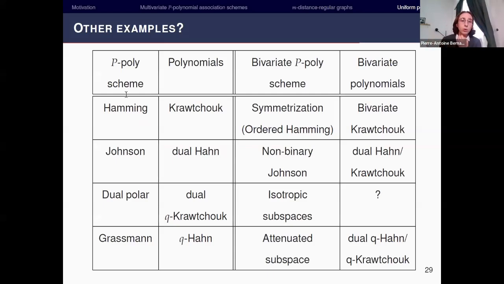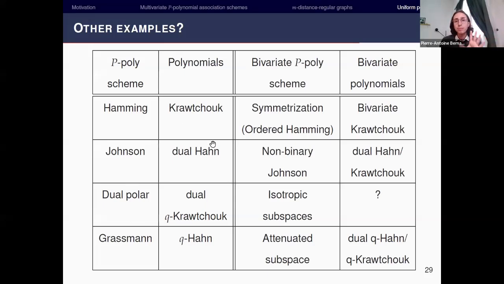In the most well-known P and actually also Q-polynomial schemes, we have the Hamming, Johnson, dual polar, and the Grassmann schemes associated to some polynomials in the Askey scheme of orthogonal polynomials. So the Hamming are associated to the Krawtchouk polynomials, the Johnson scheme to the dual Hahn, dual polar to the dual q-Krawtchouk, and the Grassmann to the q-Hahn polynomials.